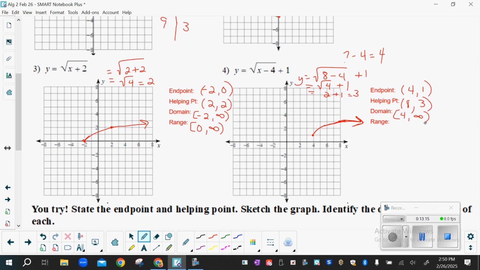Same group, what's my range? 1 to infinity. So my y value on this point here is a 1. So it goes 1 up. That's my lowest point. That's why I'm choosing that end point. Okay, I'm going to go around and check one from the homework, so we'll stop there.